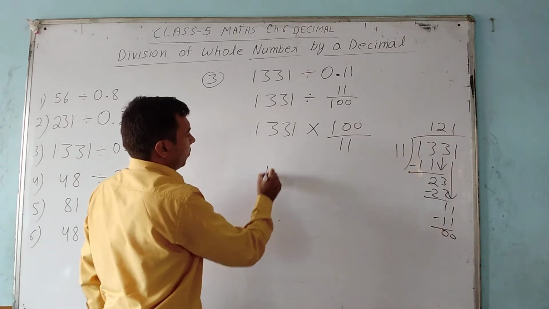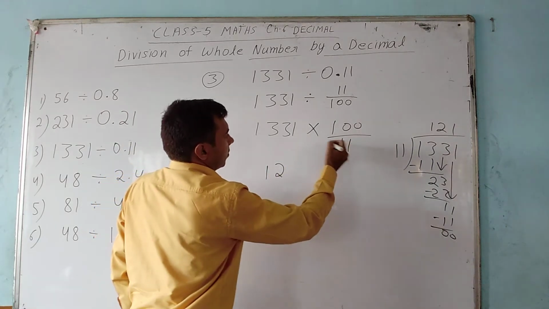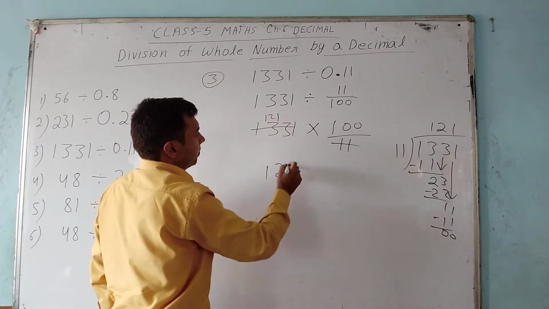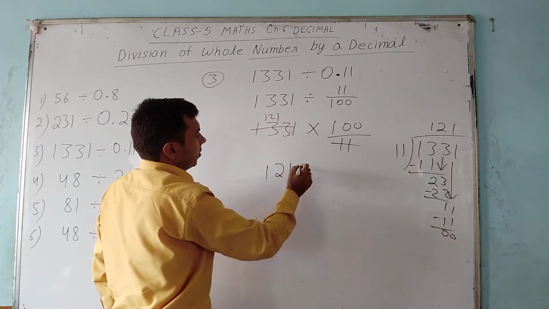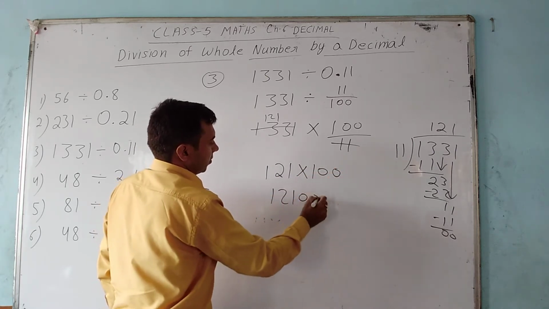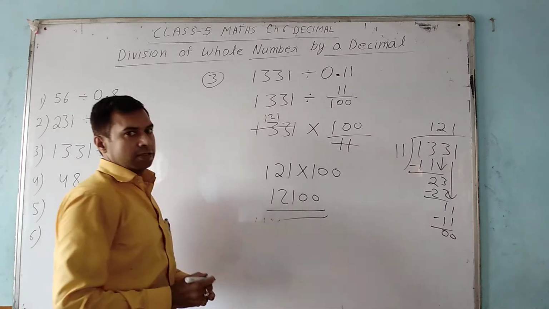So 121, 121 multiply 100. This is our answer.